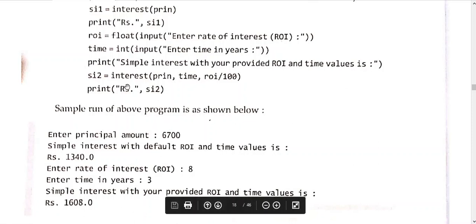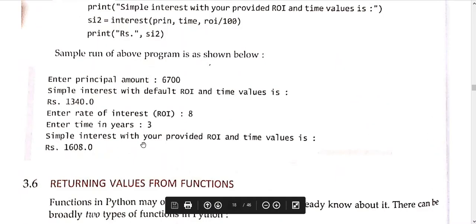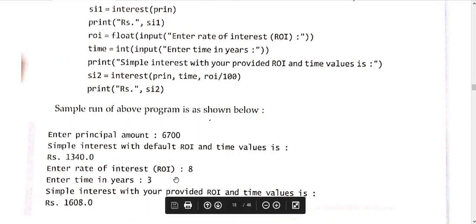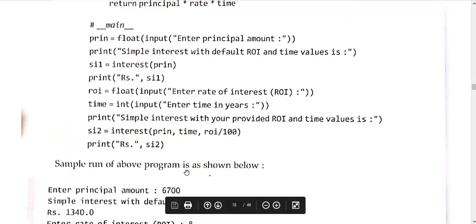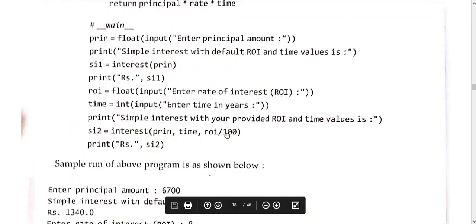Now this function call will take the control to the function definition. You have given 6700 as principal, so it will take 6700 into the rate you have passed here, that is 8. Actually it has been divided by 100, to make it 8%, so it will be 0.08.